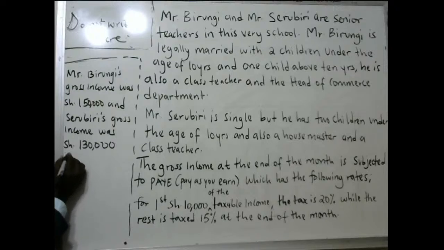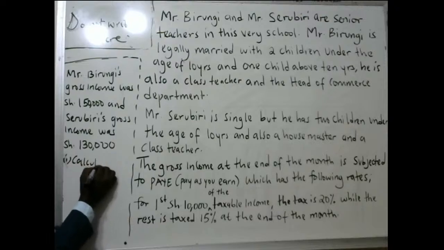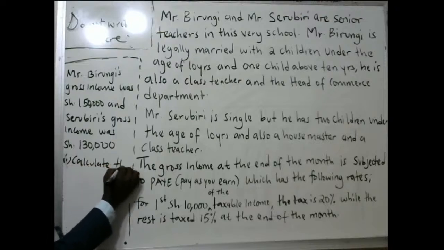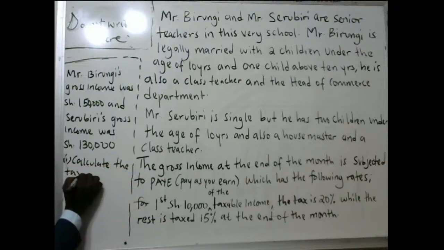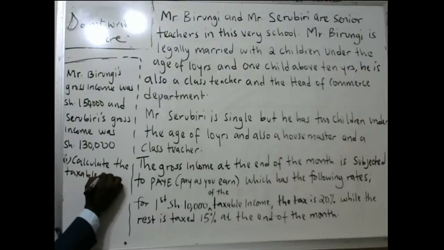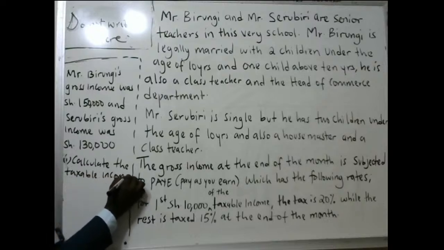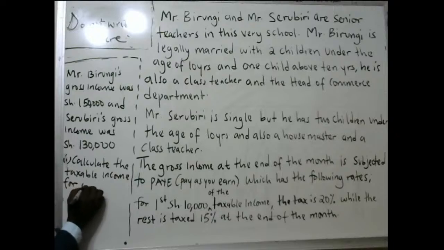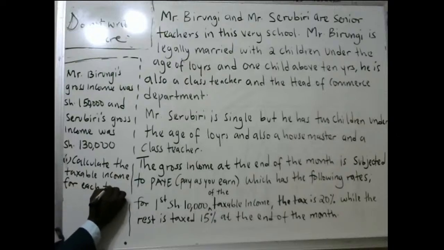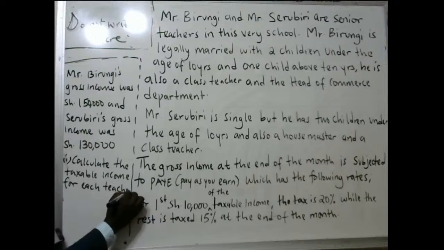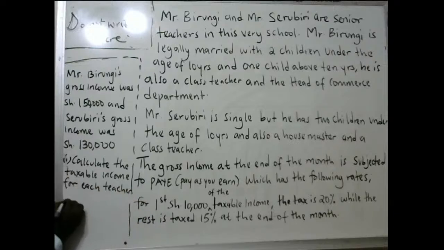Part A, or Roman 1, among other questions. Roman 1, calculate the taxable income for each teacher. For each teacher. We have 2 teachers. That is Roman 1.